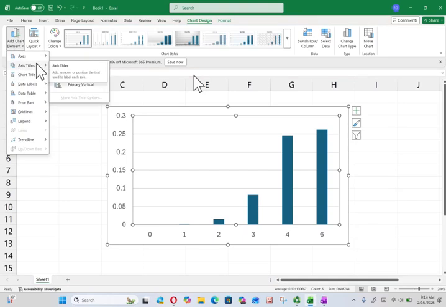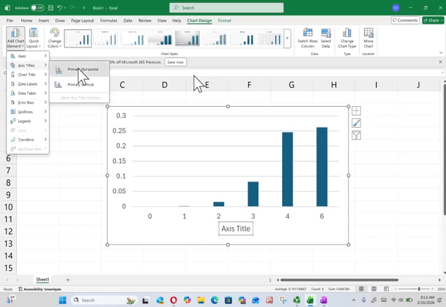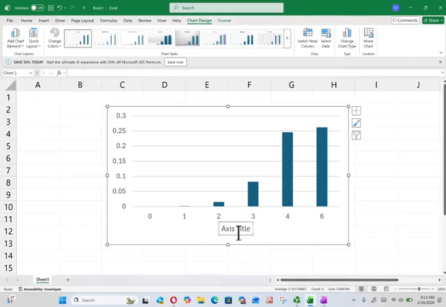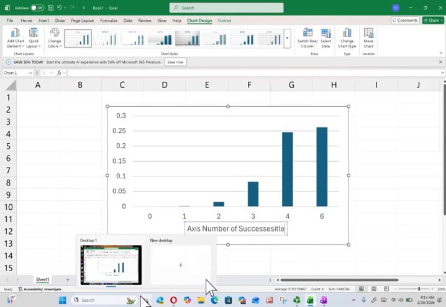And we're going to add a axis title, primary horizontal title, and you can call it anything you want. Number of successes, and I need to take out the stuff that doesn't need to be there.